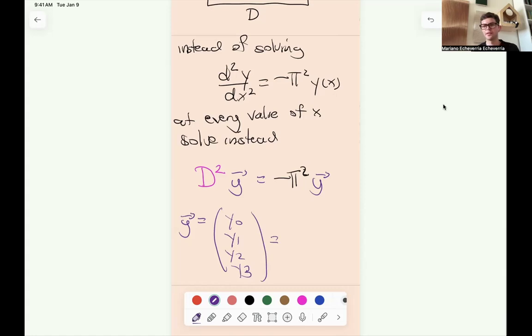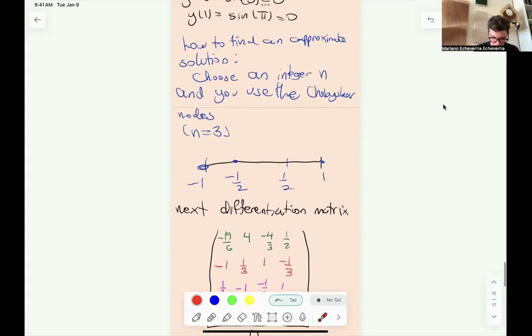So you're trying to solve for those values because those are the y values that the function would have at the nodes. The only thing is that you want the solution to respect the boundary value condition. So you force y0 and y3, which correspond to the values at the endpoints, to be zero.